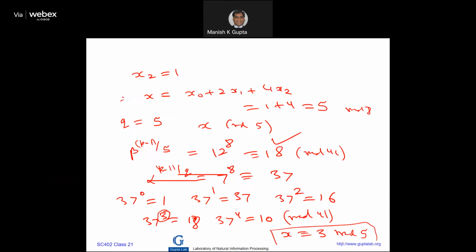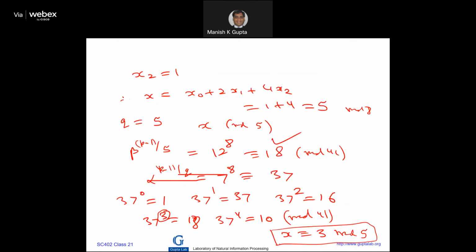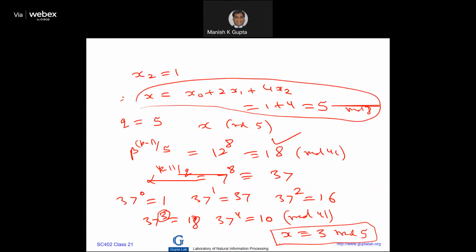So one value is x is congruent to 3 mod 5, another value is x is congruent to 5 mod 8. Right, so we have got two values.